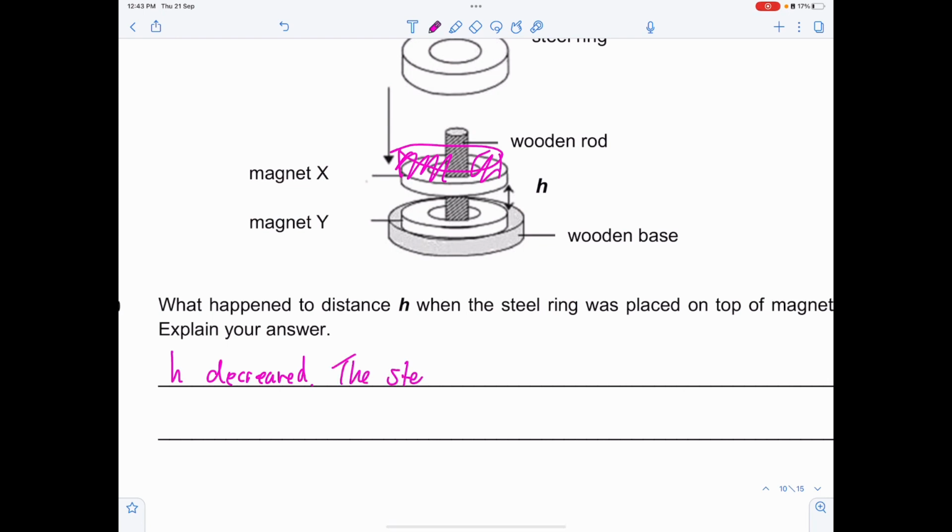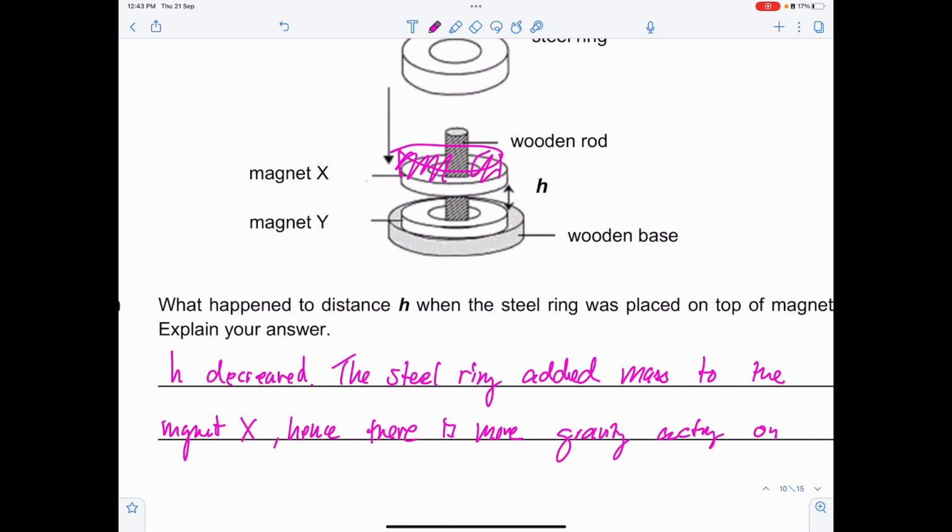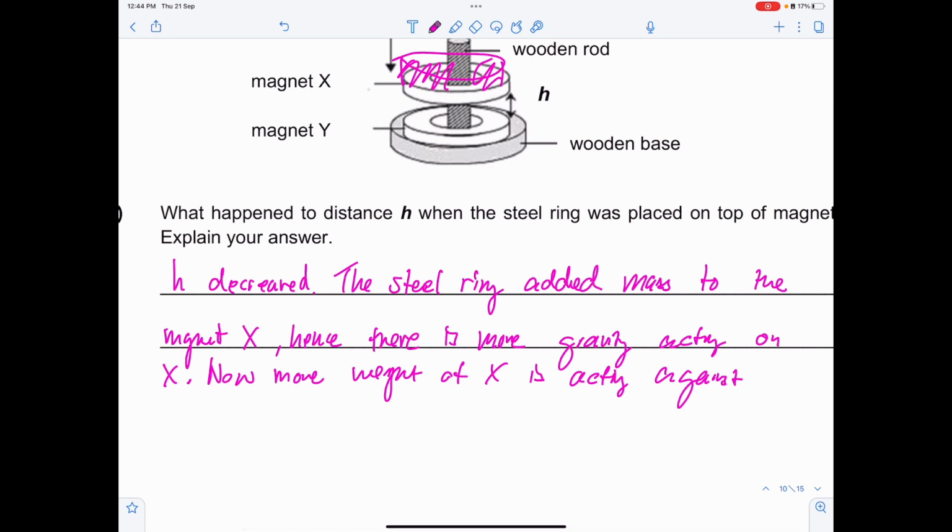The steel ring added mass to the magnet X. Hence, there is more gravity acting on X. So because of that, more weight of X is acting against the magnetic force, reducing H. Okay, H is the distance.